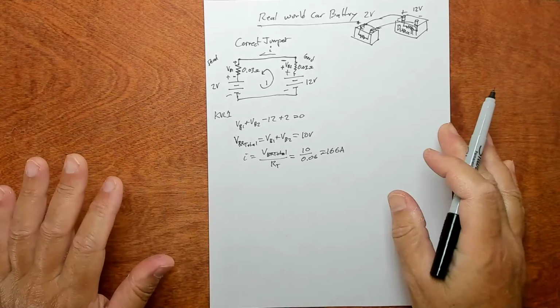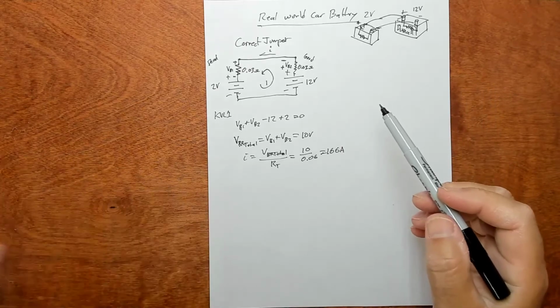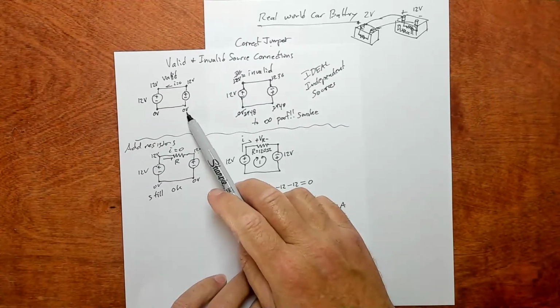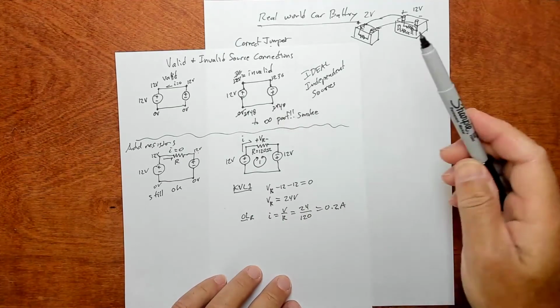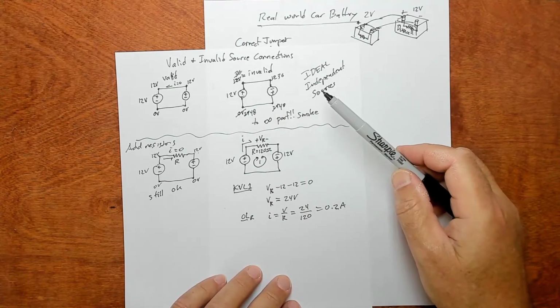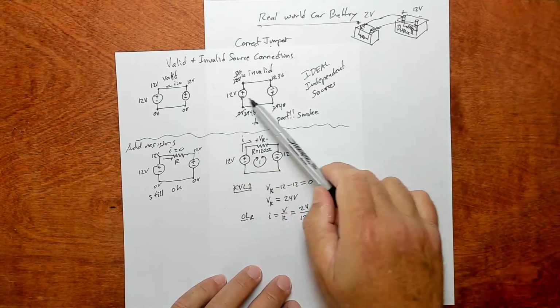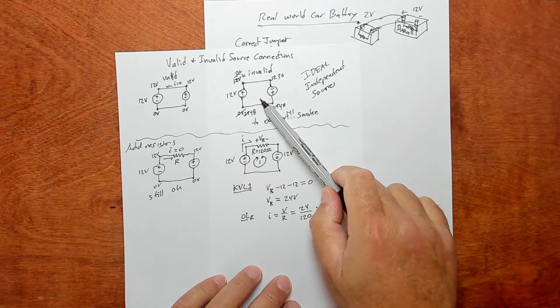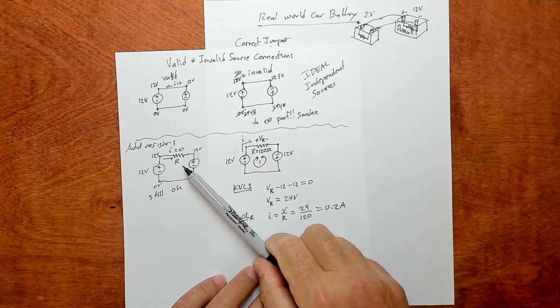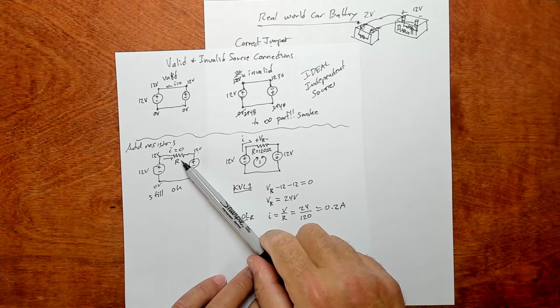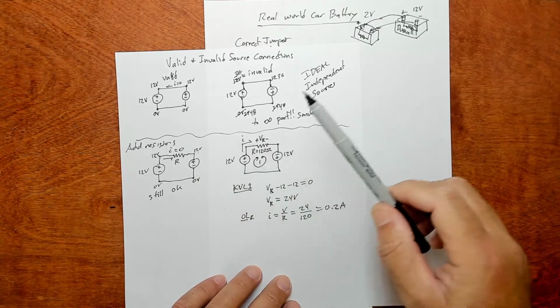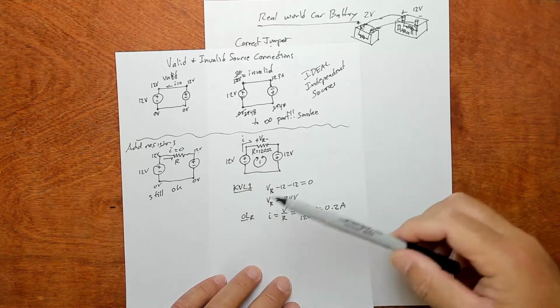Since we're talking about modeling in general, right? So we started off with just a simple valid connection, invalid connection, and it's easy enough to solve these problems. That's what the homework's like. I just want you to be aware that in real life there's almost always some kind of resistance, and that does affect things a little bit.